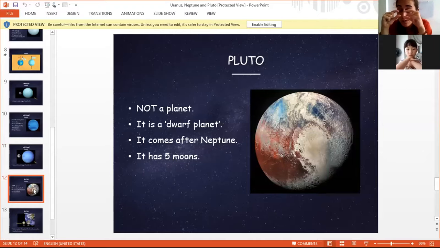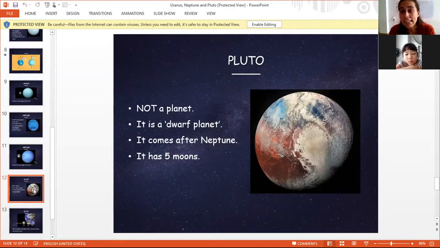It's so small that it's considered a dwarf planet. And dwarf is another word for something small. And it's after Neptune. So since Pluto is after Neptune, it makes it planet number what? 9. It makes it planet number 9.